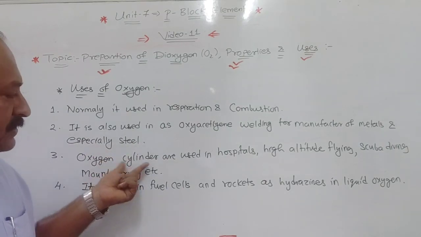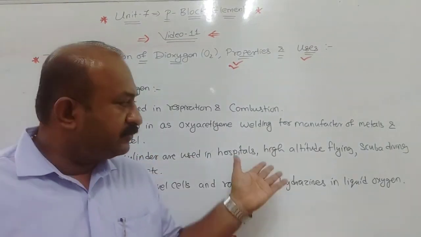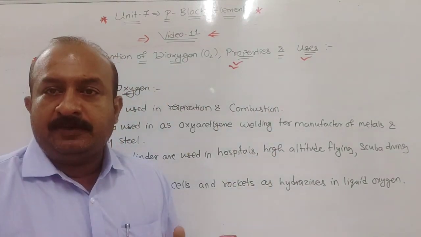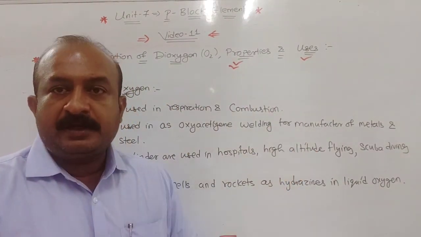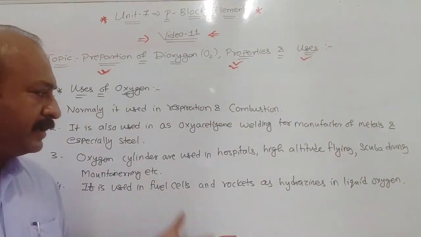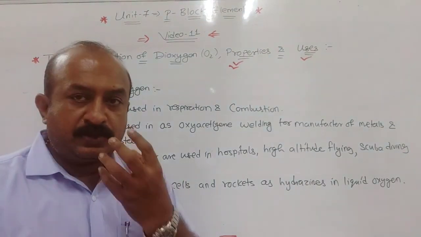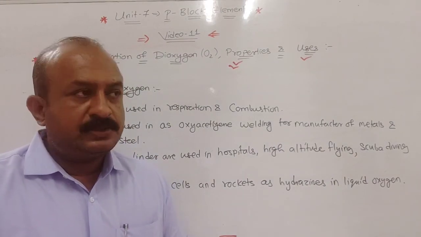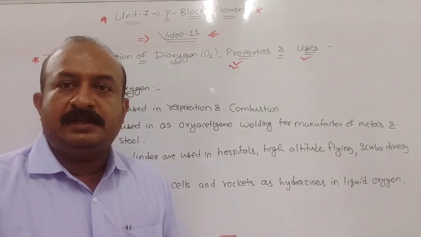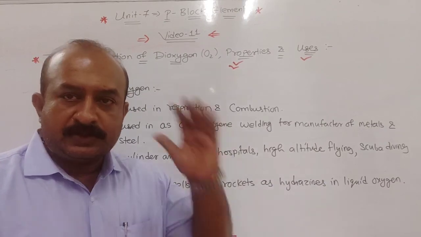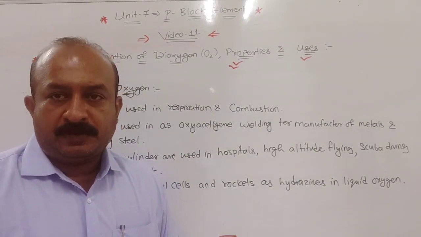Then oxygen cylinders are used in hospitals, high altitude flying, scuba diving, underwater research, and entertainment. Then mountaineering, if you have heard about Mount Everest, when they climb they use oxygen cylinders. Our soldiers also sometimes have to use oxygen cylinders at Siachen, the highest altitude. Our border is there.